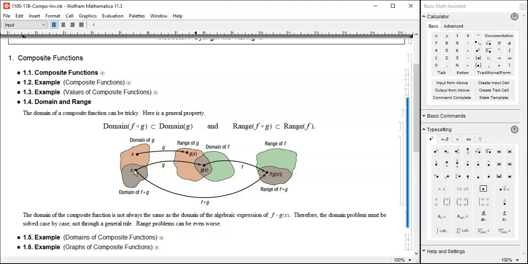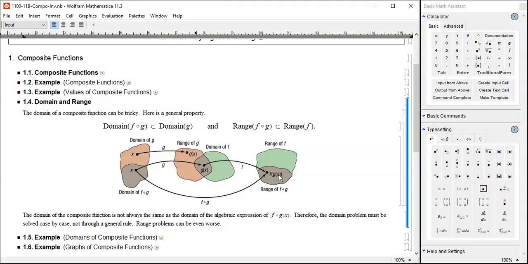Start from x and then come to y via g, and from this y we get to z via f. That's f composition g. So g first and then f, and get all the x values that can come from here, y and then z, that's the domain, and then get all the z values that come like that is the range.